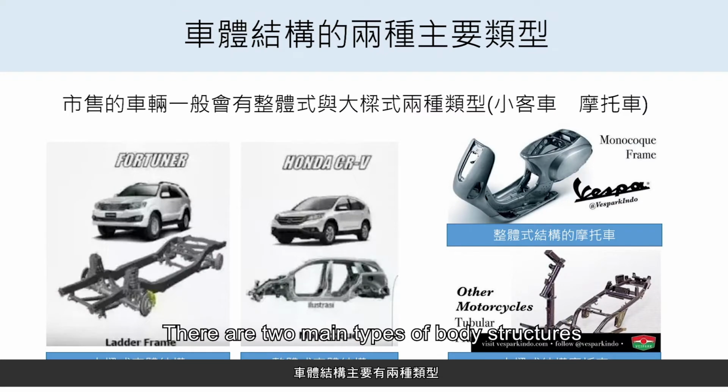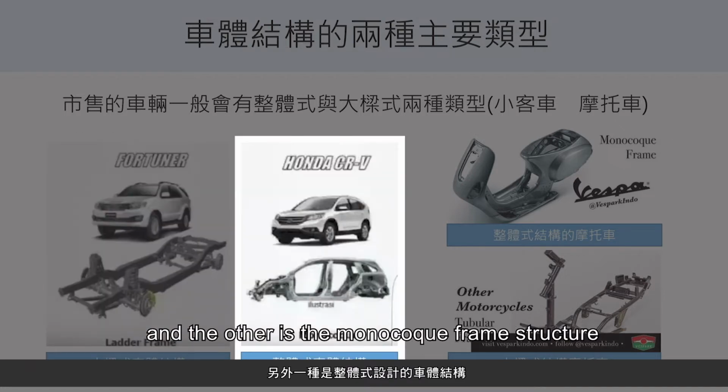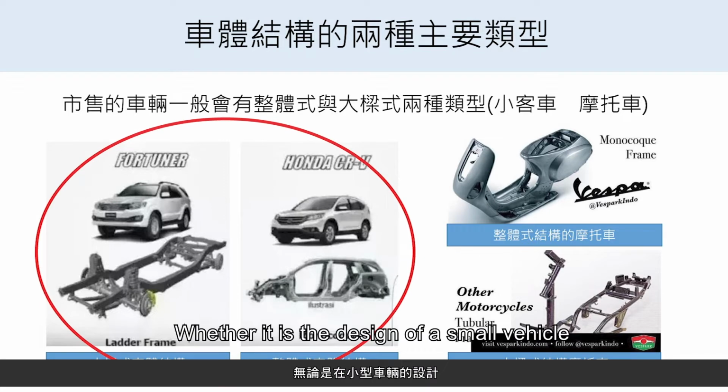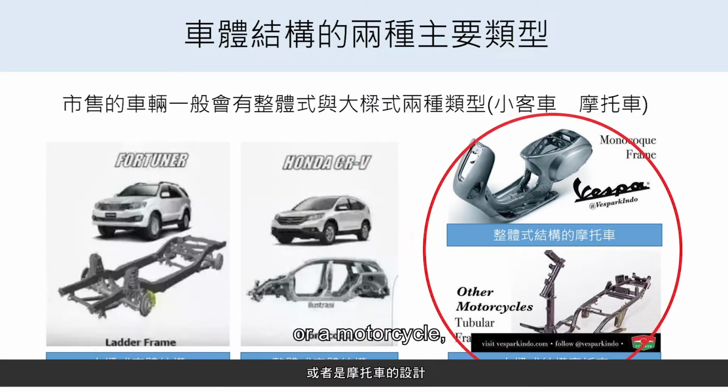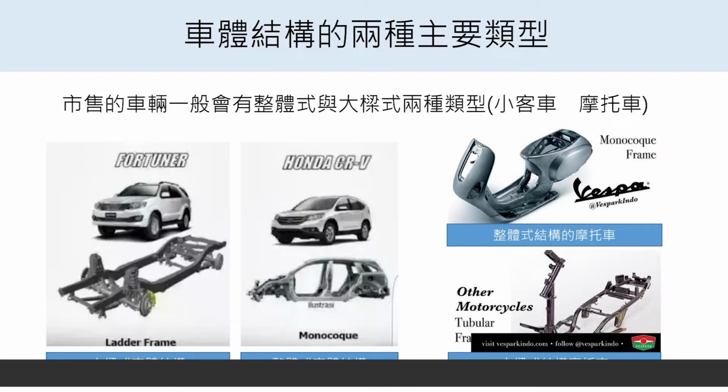There are two main types of body structures. One is the ladder frame type, and the other is the monocoque frame structure. Whether it is the design of a small vehicle or a motorcycle, these are the two main types of structure.